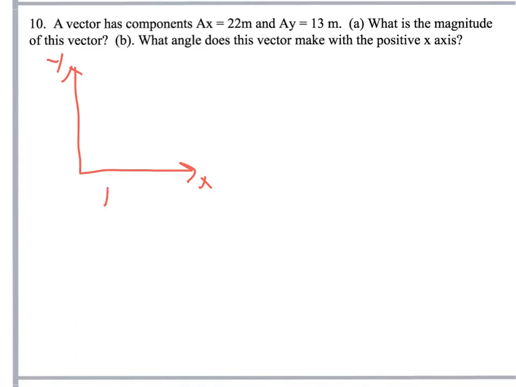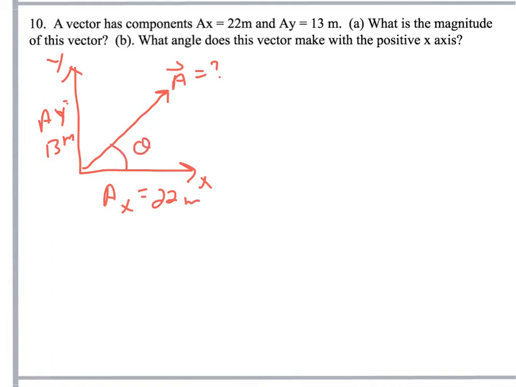And we know that a sub x is 22 meters, and a sub y is 13 meters. What is the magnitude of that vector? Our vector is going to go this way, and it's vector a, and we don't know what it is. And what angle does the vector make with the positive x-axis? Theta, so we don't know that either.